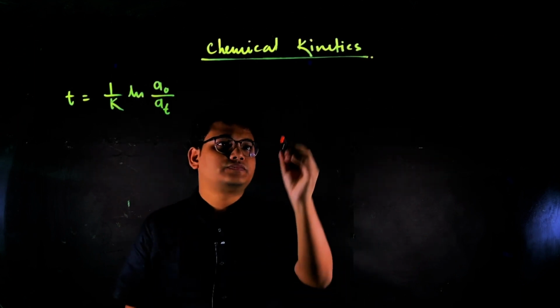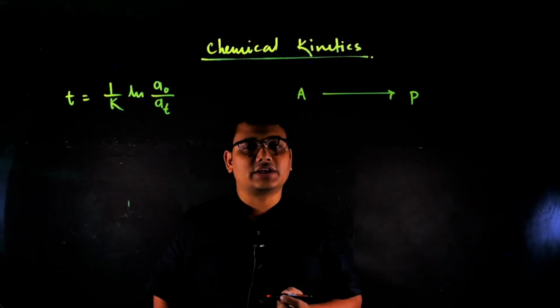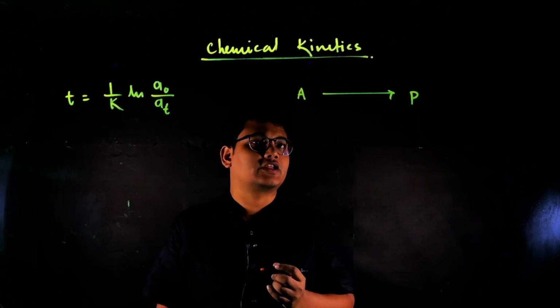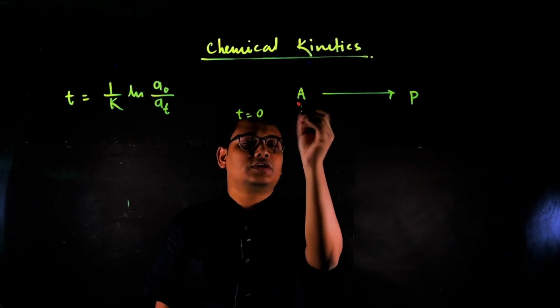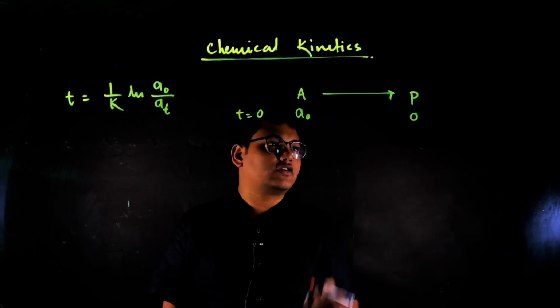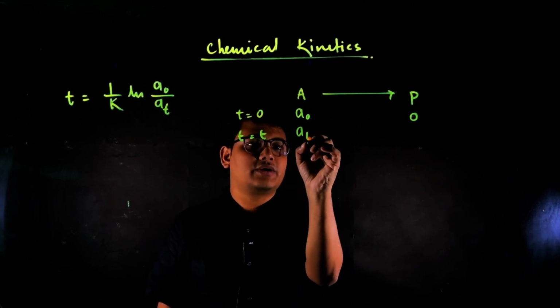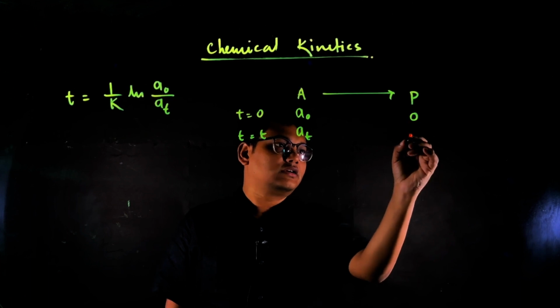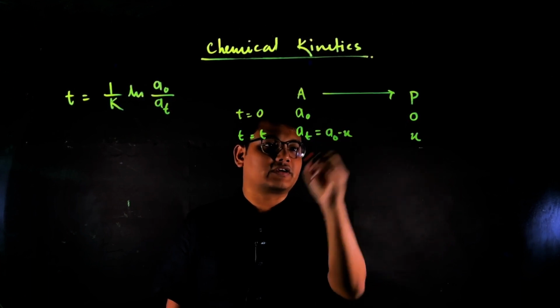Now consider we have a reaction A to product, and the reaction follows first order kinetics. At t equals 0, consider the concentration of A is A0 and the concentration of P is 0. At time t, the concentration of A becomes At and P becomes x. So At equals A0 minus x.